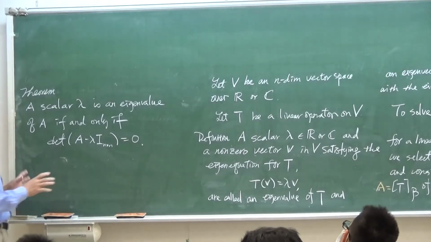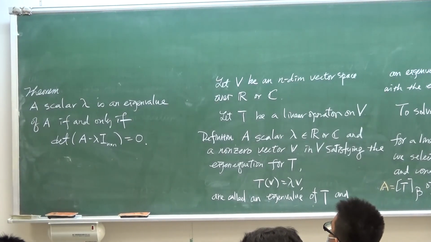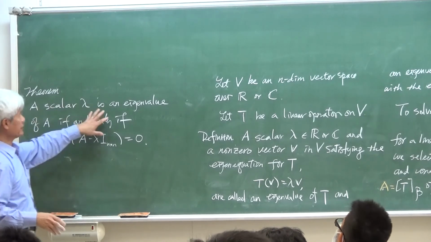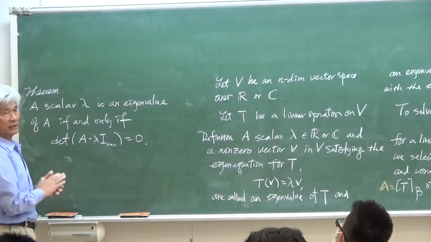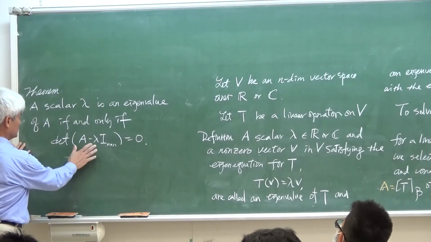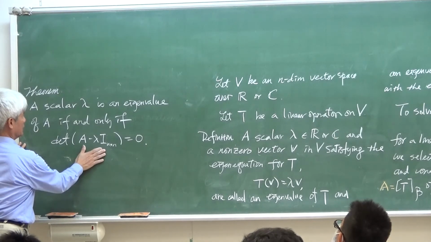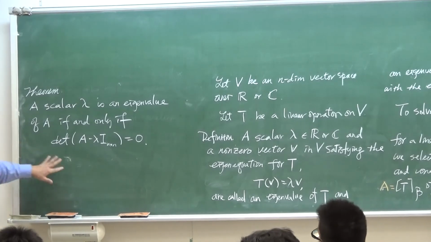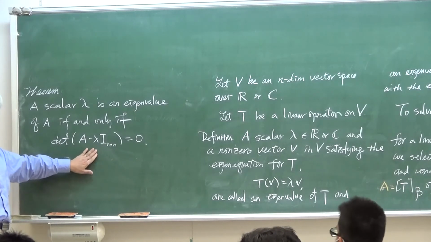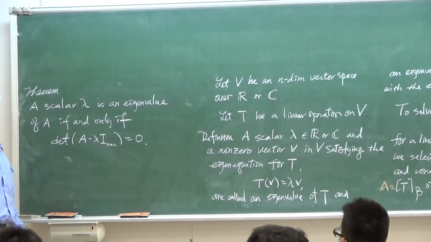This theorem gives us a tool to find all possible eigenvalues, because λ is an eigenvalue of a matrix A only if it satisfies this polynomial equation. You will see it's actually a polynomial equation.